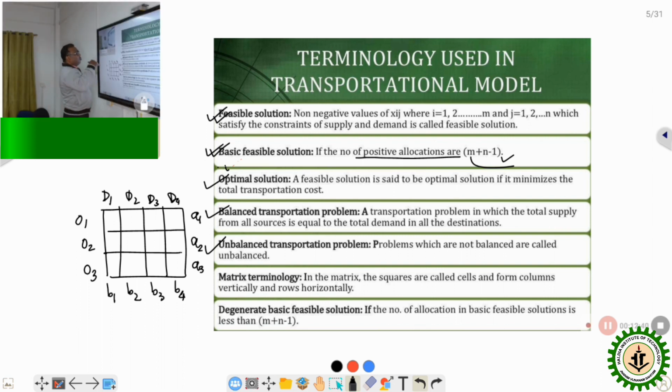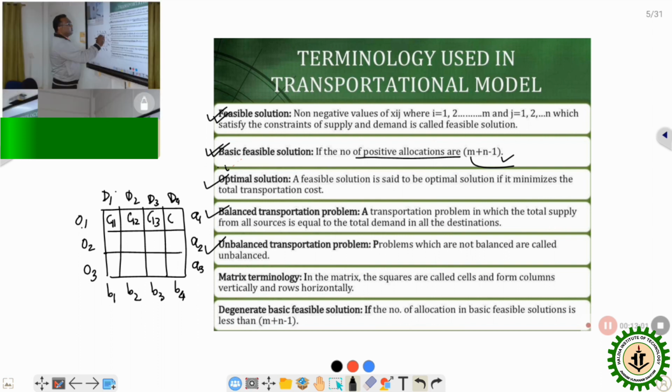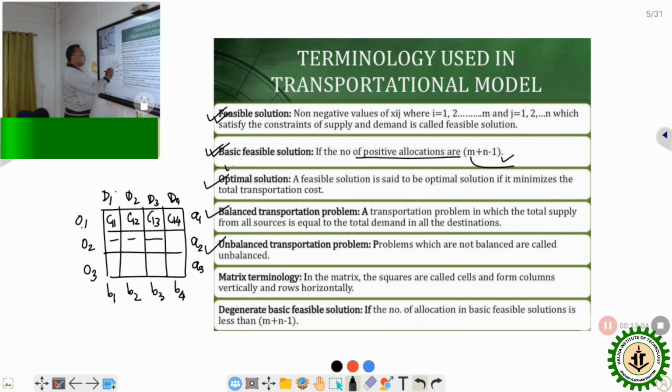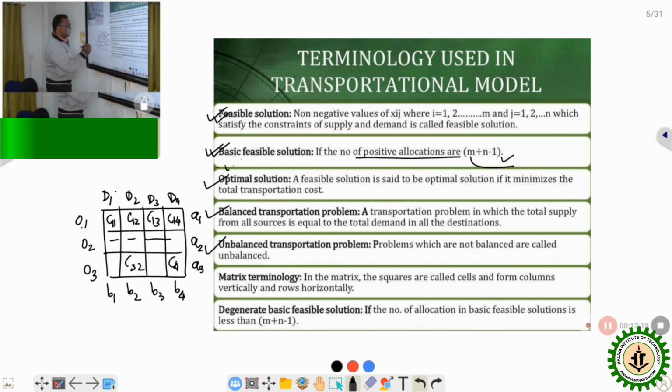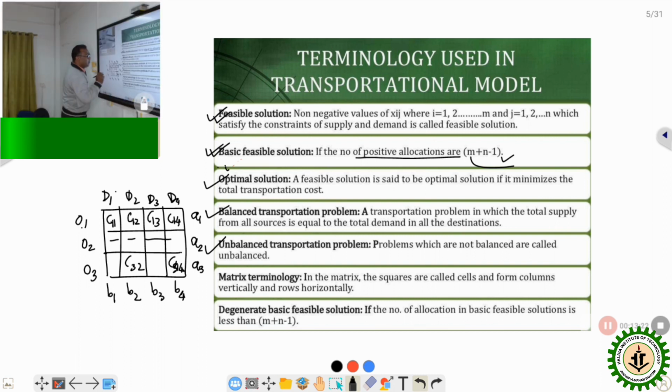To transport one unit from origin 1 to destination 1, the cost needed is C11. To transport one unit from origin 1 to destination 2 is C12, then C13, C14 and so on, then C32, and C34.